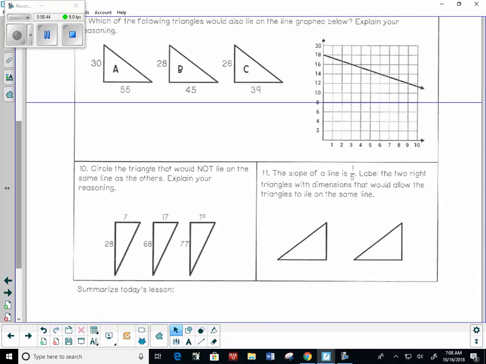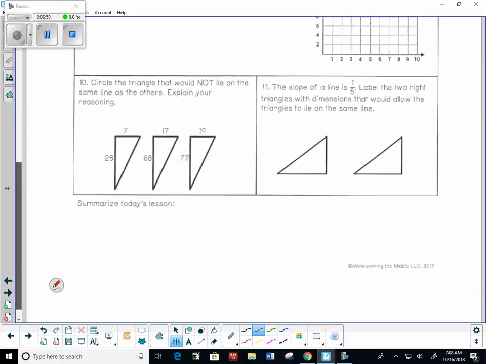Okay, and so let's look at 11. The slope of the line is 1 over 5. Label the two right triangles with dimensions that would allow the triangles to lie on the same line. Okay, so we know that the change in y over the change in x is going to be 1 over 5. I'm just going to find equivalent ratios.